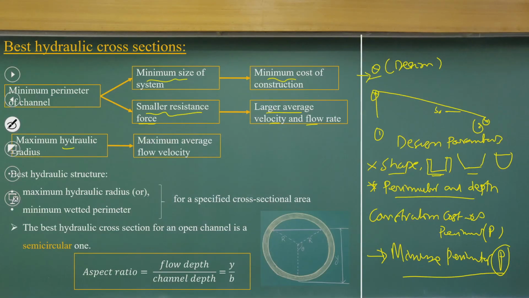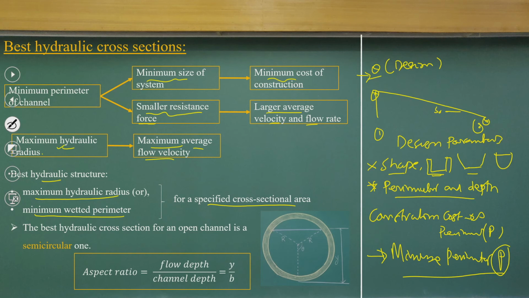Maximum hydraulic radius gives maximum average flow velocity. Okay. So, basically the best hydraulic section is that with maximum hydraulic radius or minimum wetted perimeter for these specific cross sections. Okay. I just want to repeat that maximum hydraulic radius will give you a maximum velocity.